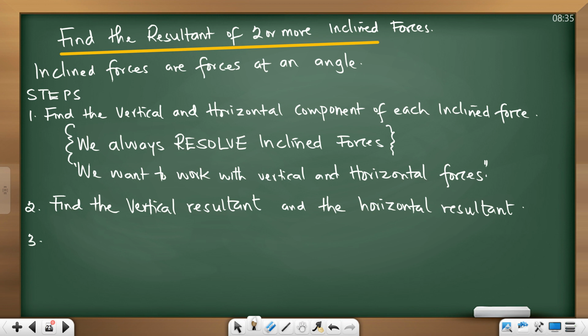Number three, find the new F resultant. Three steps, basically combining what we did yesterday and this morning. You would see the importance of that right now. After this, I'm going to be talking about equilibrium forces. So we're moving step by step.